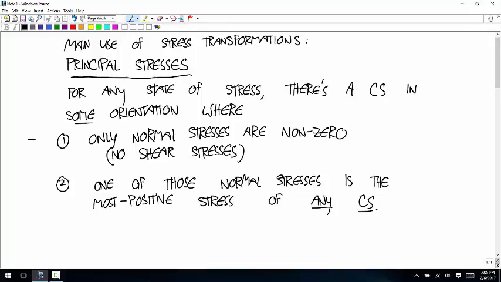You can think of that as the max tension or the minimum compression.